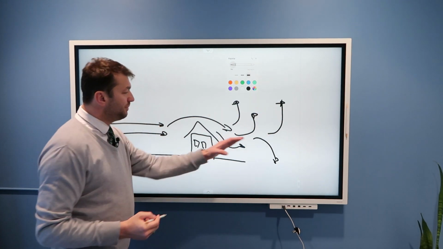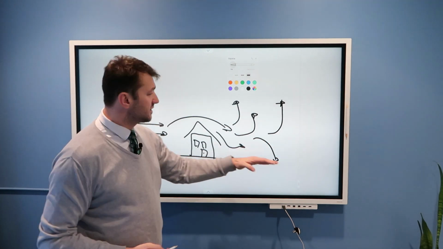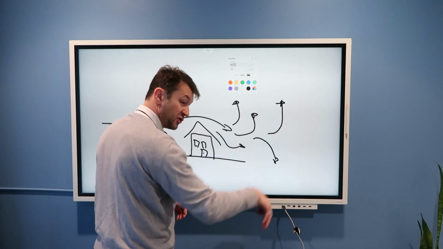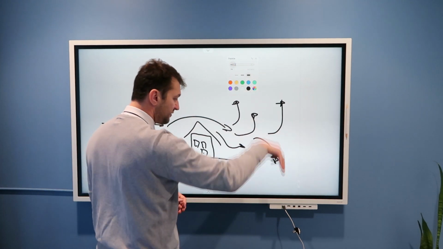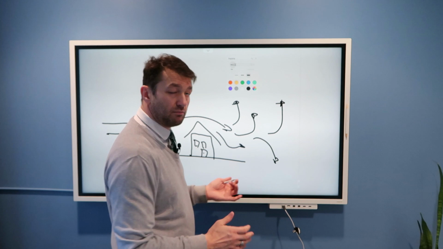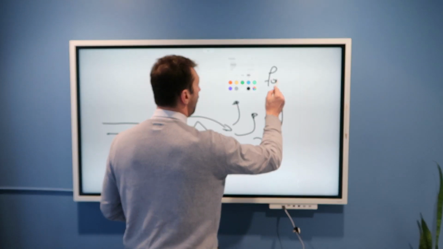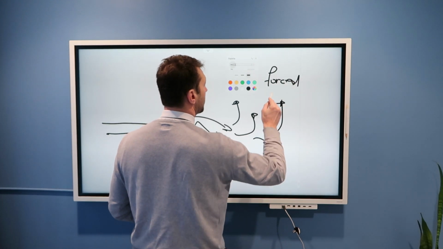Now, these turbulent eddies, we call those eddies, are transferring heat in the vertical, in the upward as well as downward directions, and are also called forced convection.